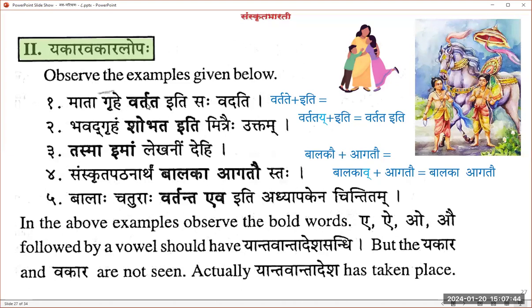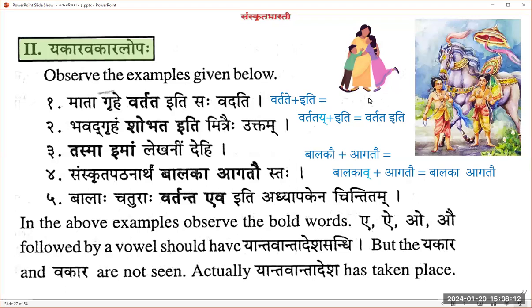No, this is actually vartate iti before the sandhi, which became vartatai iti after the sandhi, and then the yalopa. So the ay loses the y and a remains, and it becomes vartata iti. So vartate iti that was there before sandhi changes to vartatai iti and then yalopa and then vartata iti.